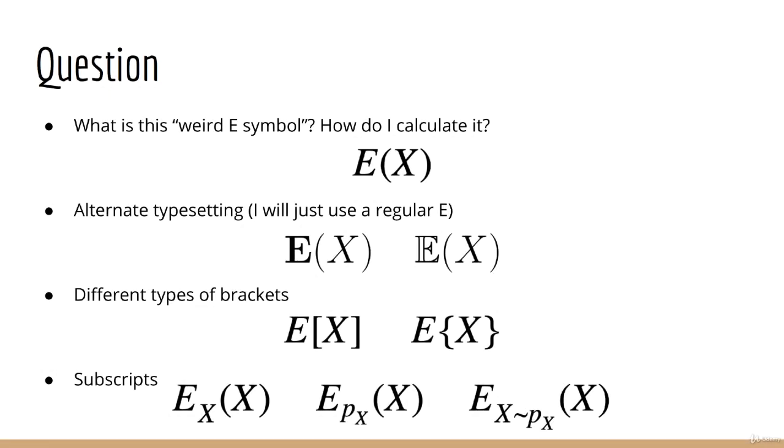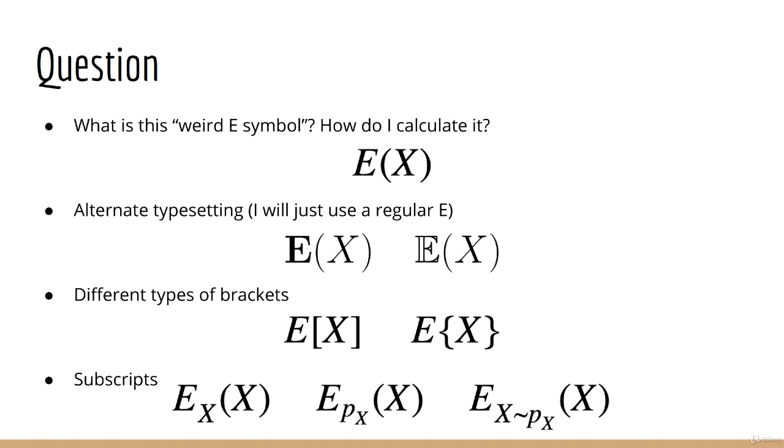Next question, which is somewhat related to the previous one. I have here this weird E symbol, and inside of it, I have the random variable x. As a side note, I want to mention that you may see this in slightly different forms depending on where you look. I will just use a regular E, since it's pretty unambiguous and they don't have any fancy E's in the program that I use to make these lectures. But you can also have a bolded E or a fancy E. All are valid.